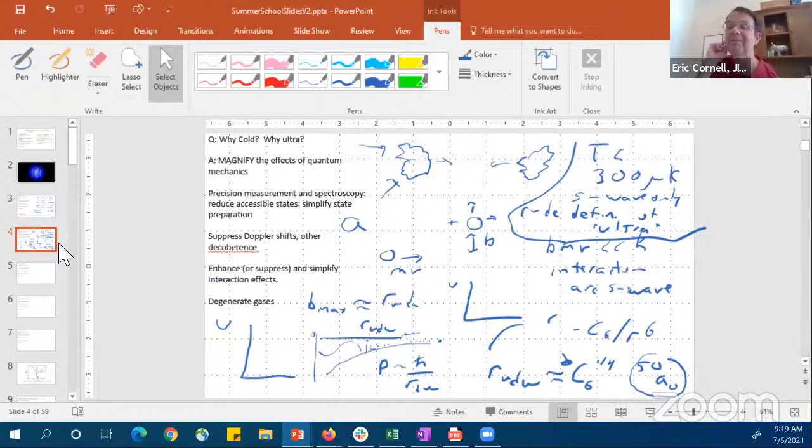You take that maximal impact parameter and square it, and that gives you a cross-sectional area, the basic scale for the maximal cross section you get at low collision energy. Turns out there are resonance effects too, but this is a place to start.